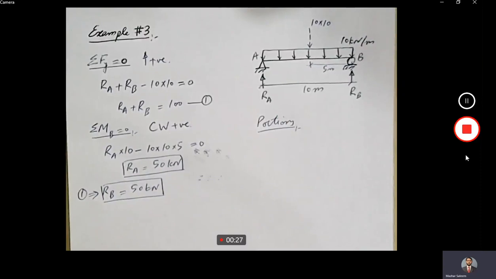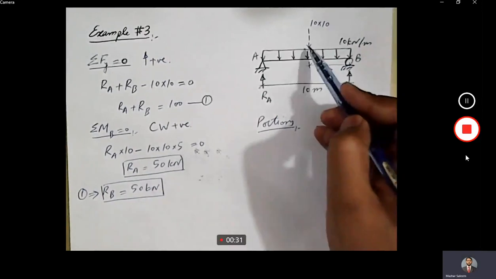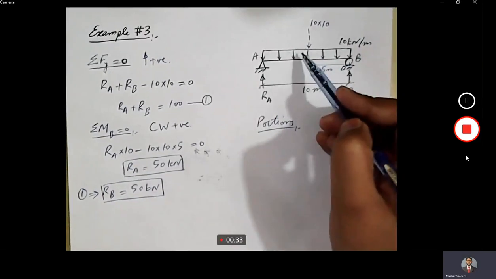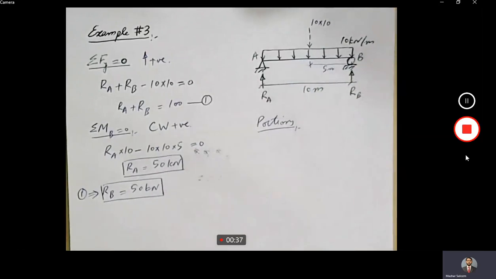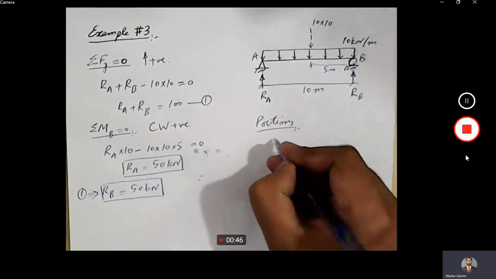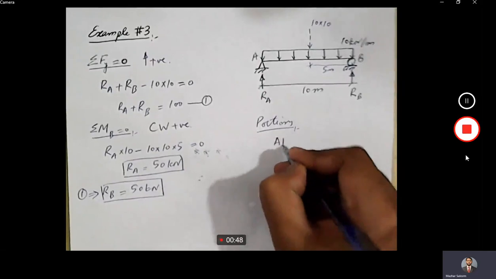But actually, it's a UDL, so we will not say this resultant is acting here, so we should divide the beam into two parts at this location. No, we will not do that. All right, so let's move on. So we have only one portion AB here.